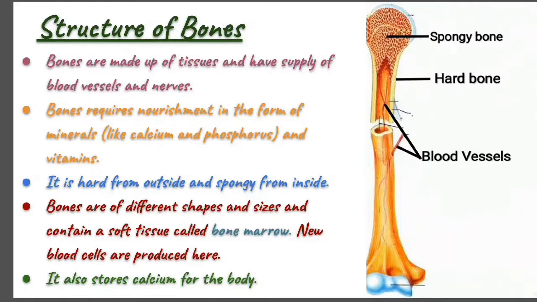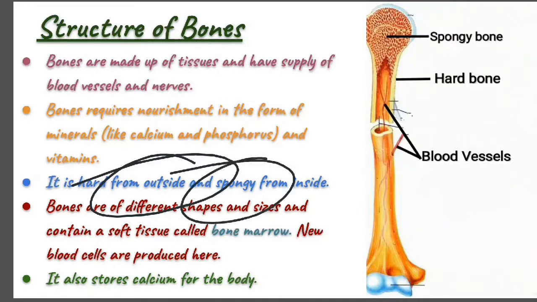That is actually the outer portion of our bone. Why am I saying outer portion? Because the outside of a bone is in a hard form, and from inside it is spongy and soft. It is soft from the inside, but hard from the outside. You can have a look here. So this is all about bone.